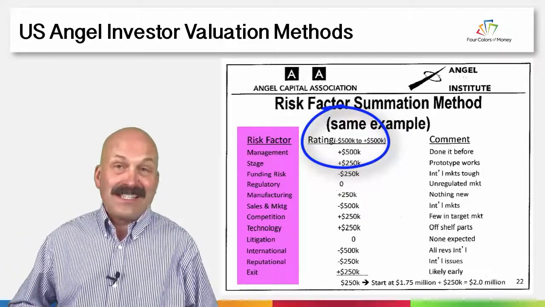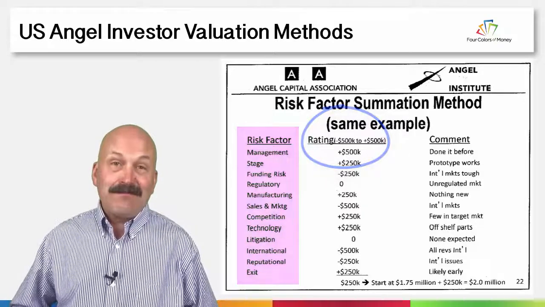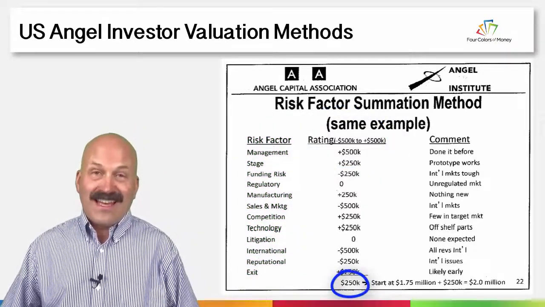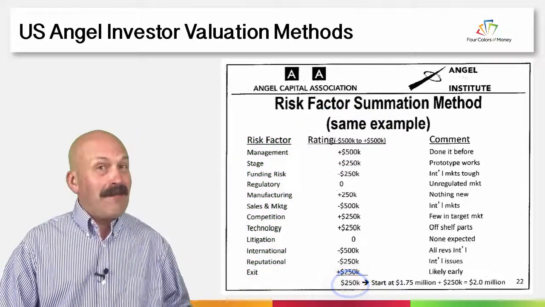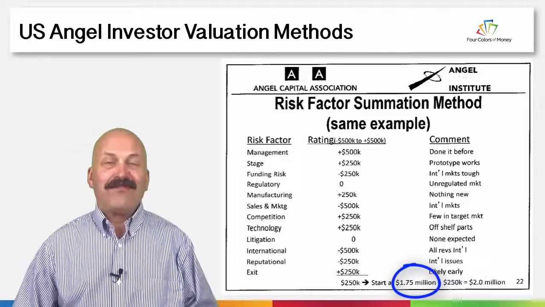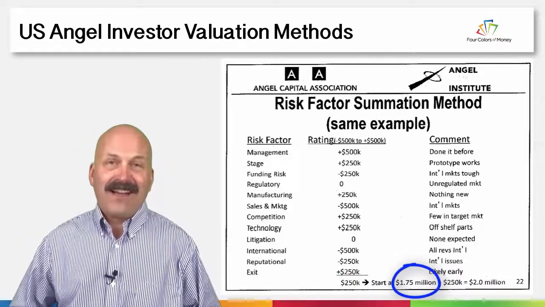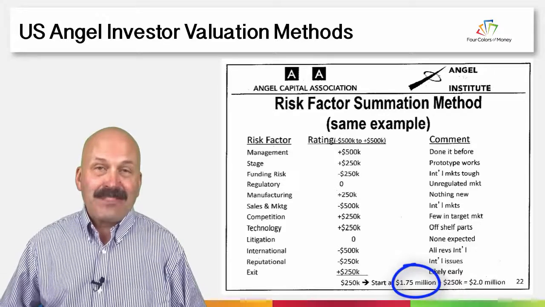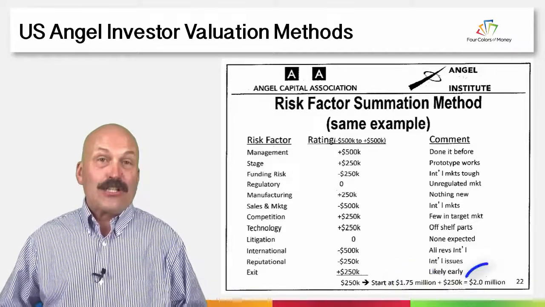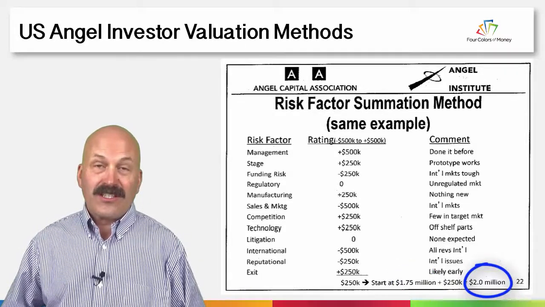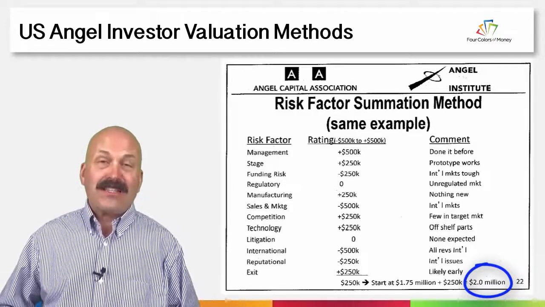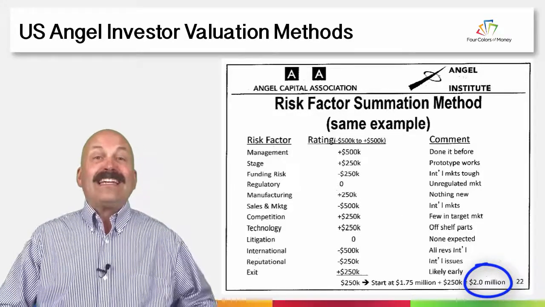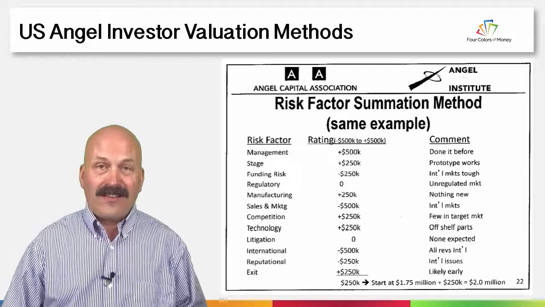All of these pluses and minuses then add up to a number which is then added to that magic $1.75 million pre-money valuation. The example company in this case gets a $2 million valuation, and the same company using the Bill Payne method would get a $1.9 million valuation.